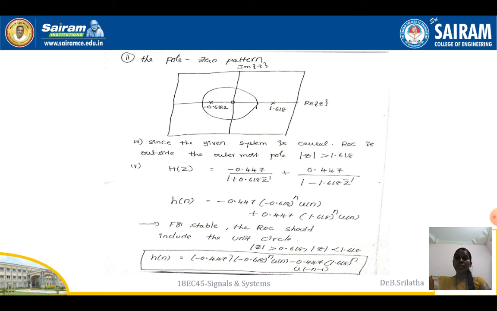In that case, the first term stays as such: minus 0.447 into minus 0.618 whole power n into u of n. Here mod of z is less than 1.618, so u of n becomes minus u of minus n minus 1. So this is for the stable system, and the earlier one is for the causal system.